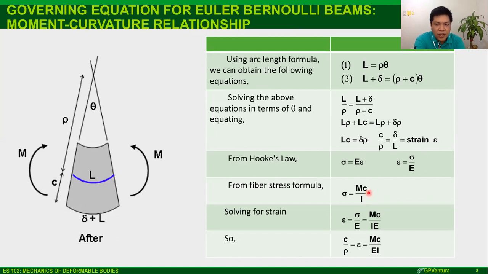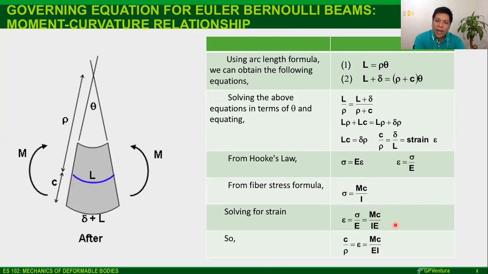In this case, C is just equal to the distance from the neutral axis to the extreme or the farthest fiber. Then, I know that strain is epsilon equals sigma all over E. But sigma, as mentioned in the previous step, is just Mc all over I. Therefore, I can say that epsilon is Mc all over IE.